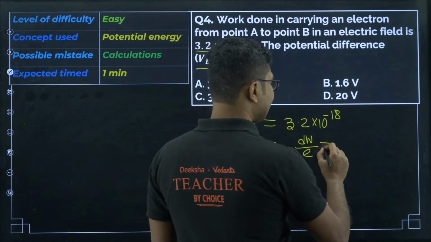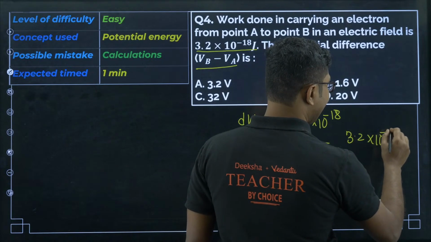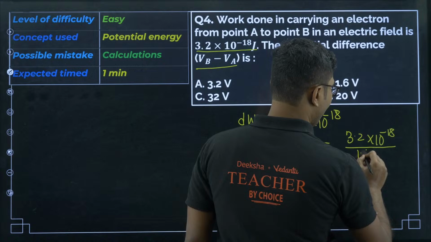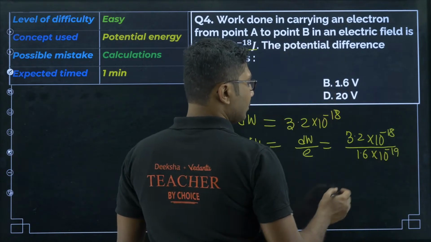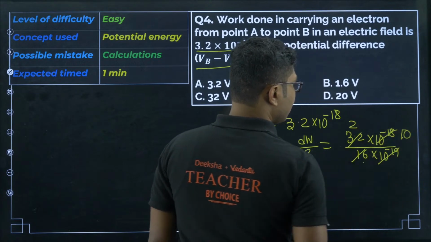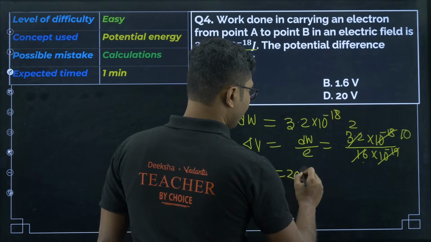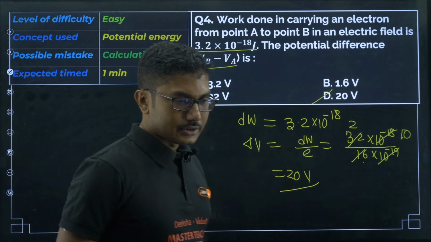As simple as that. So 3.2 into 10 to the power of minus 18 divided by 1.6 into 10 to the power of minus 19. This will give you 2, this will give you 10, so it will be 20 volt. Option D is the correct answer.